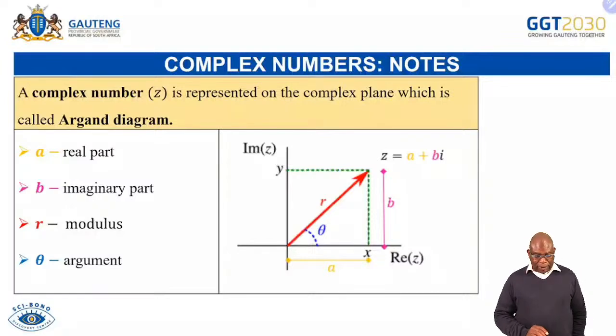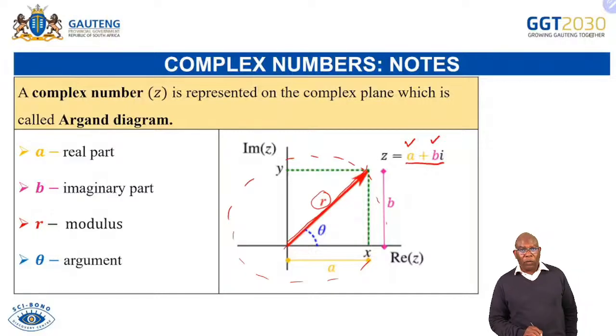The next part here is the complex numbers represented in the Argand diagram. I've already talked about the Argand diagram. If I've got A plus BI, with A positive and B positive, that will be in the first quadrant. Now that R here, remember we always work in a unit circle. In a circle we have what we call R, which is the radius.